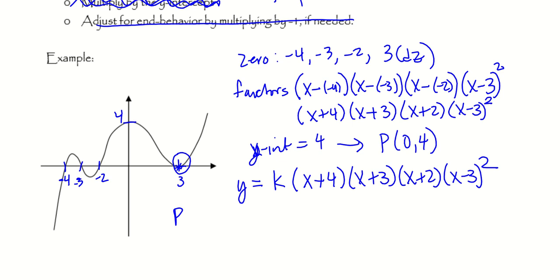I know that my graph contains the point (0, 4). We've done this before. So I put the 4 where the y is, I don't know what k is, but then I put 0 where all my x's are.